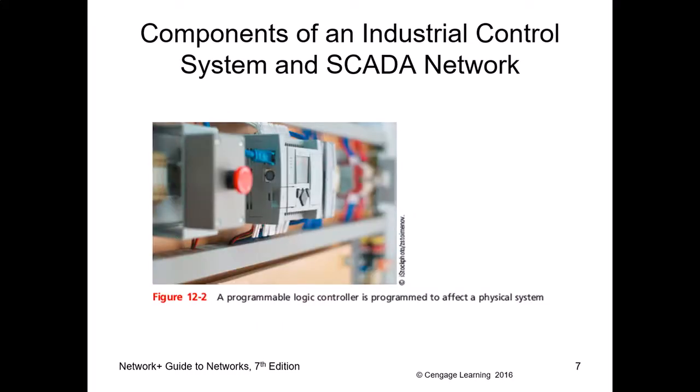A PLC, for example, like this one, controls belts in an assembly line, and these are very big. You use ladder programming. I've taught a course on PLCs. Traffic lights are controlled with them, and you can control opening and closing windows with PLCs.